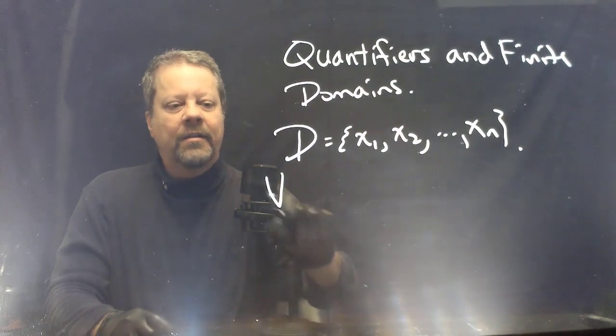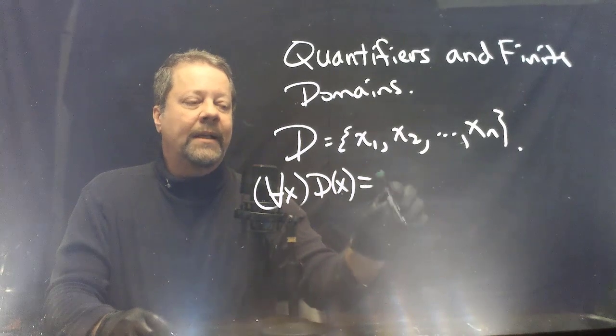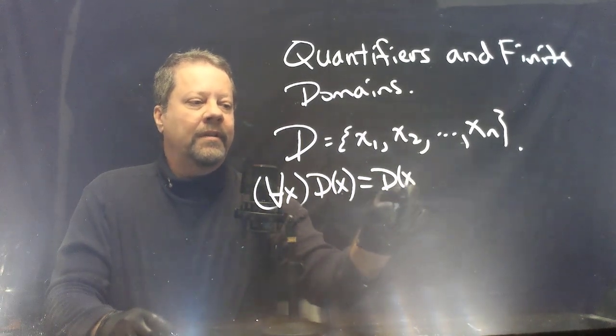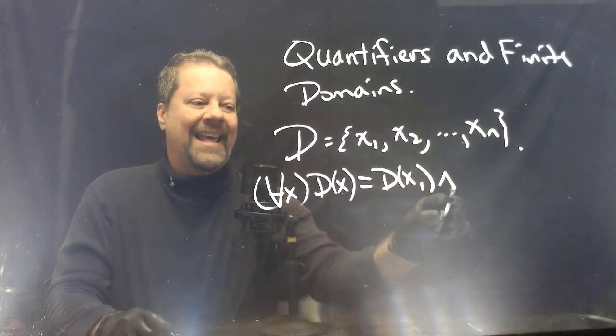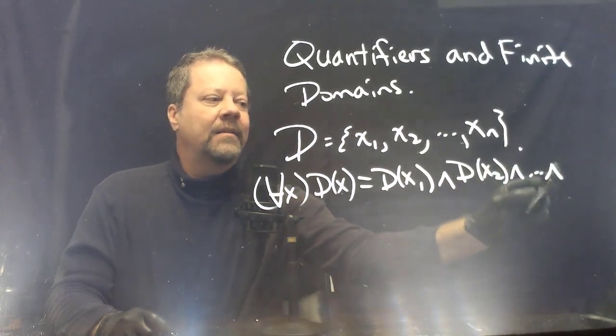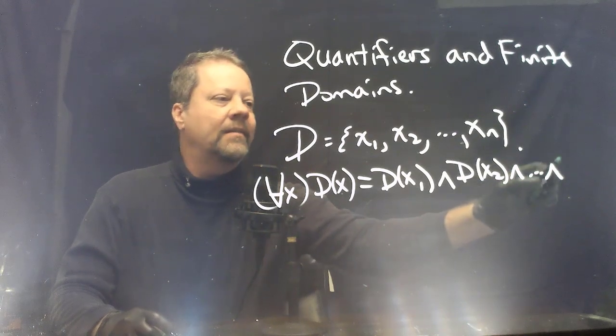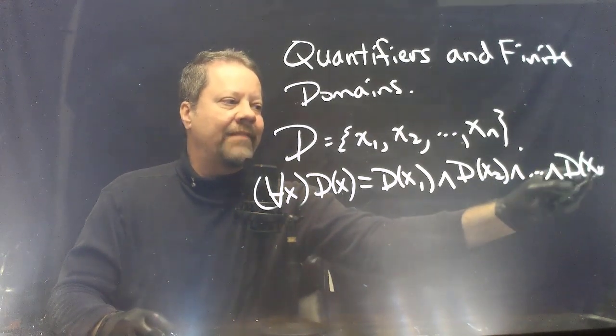Then for all x, d of x is really equivalent to d of x1 is true and d of x2 is true and then the ellipsis, dot dot dot, all the way down to d of xn is true.